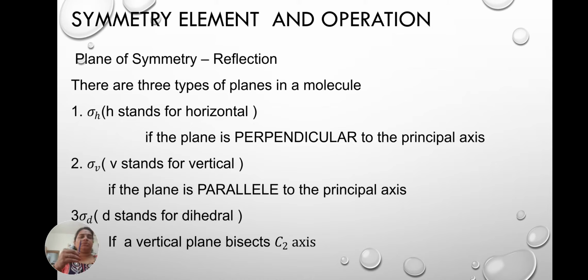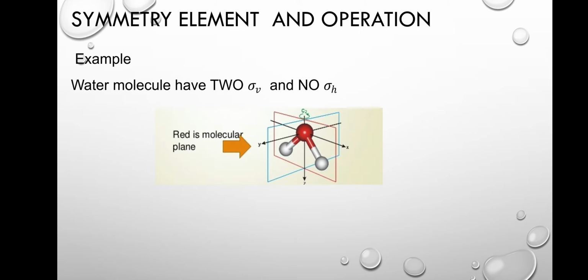You can say that if a vertical plane bisects the C2 axis, it is what is known as sigma d. So just remember plane of symmetry is of three types: sigma h, sigma v and sigma d, where h stands for horizontal, v stands for vertical and d is for dihedral.